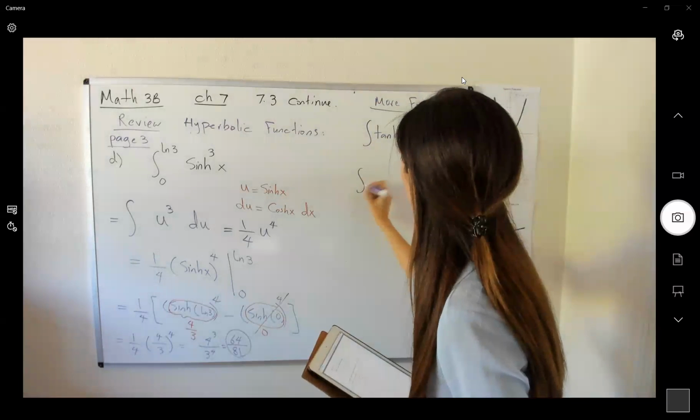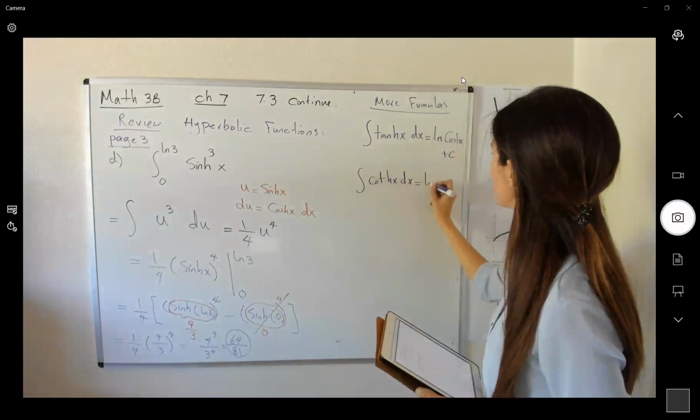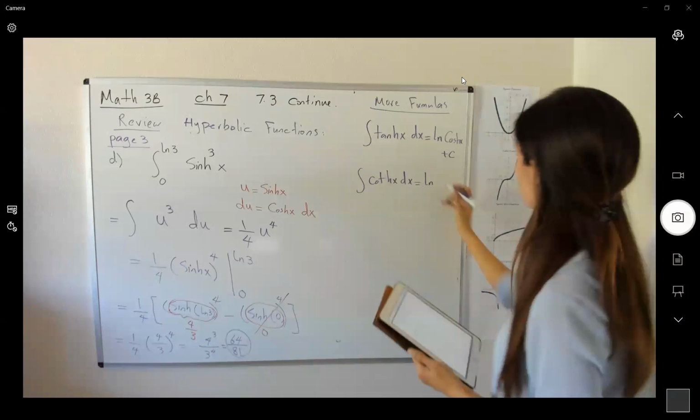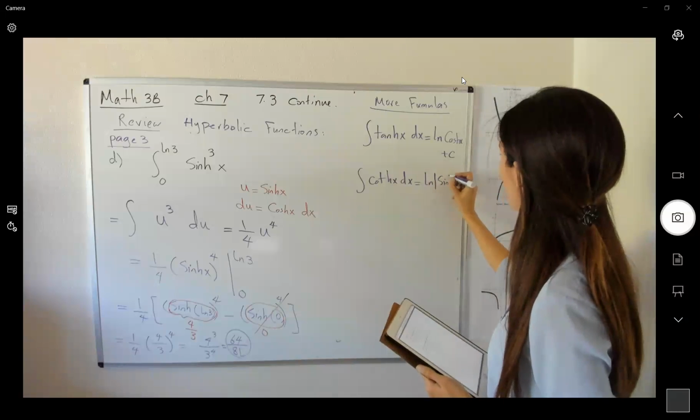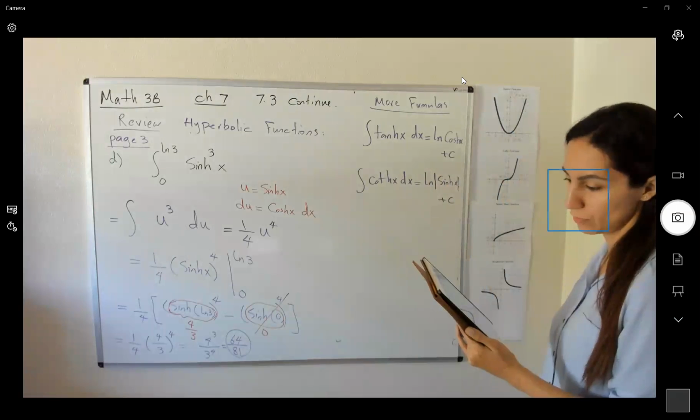The integral of hyperbolic cotangent x dx is equal to ln of, for this case you need absolute value, hyperbolic sine x plus the constant of integration.